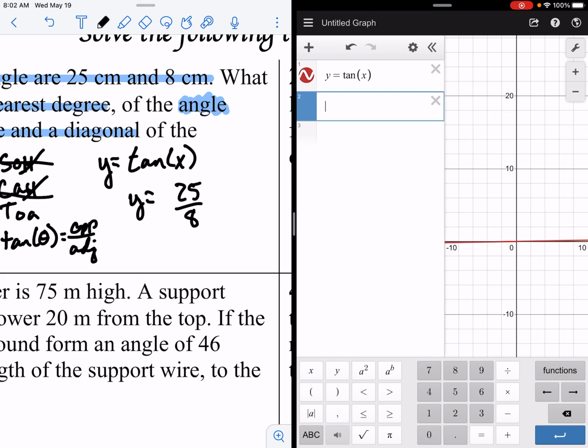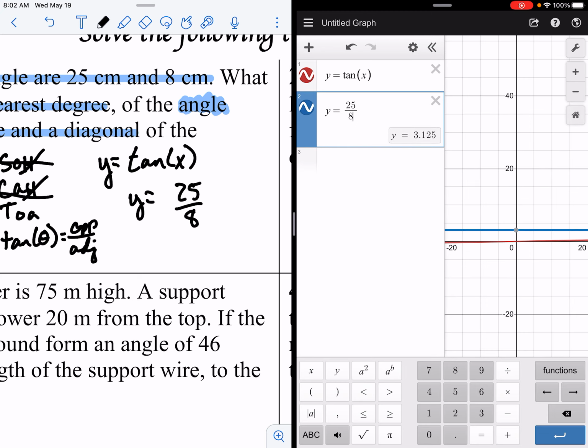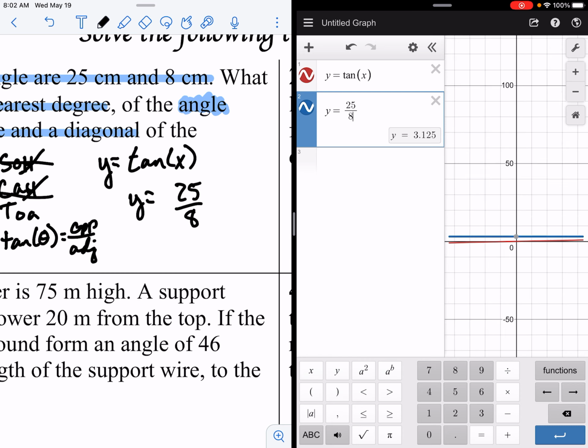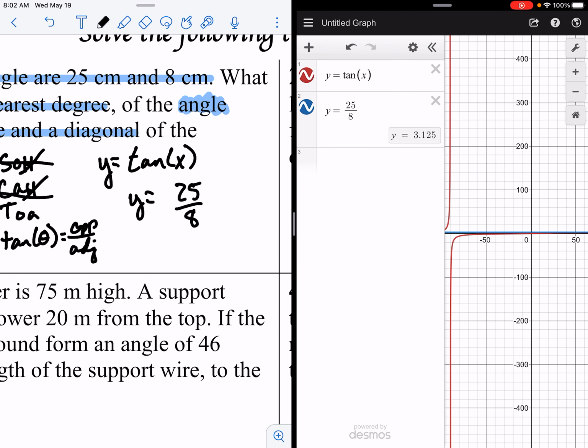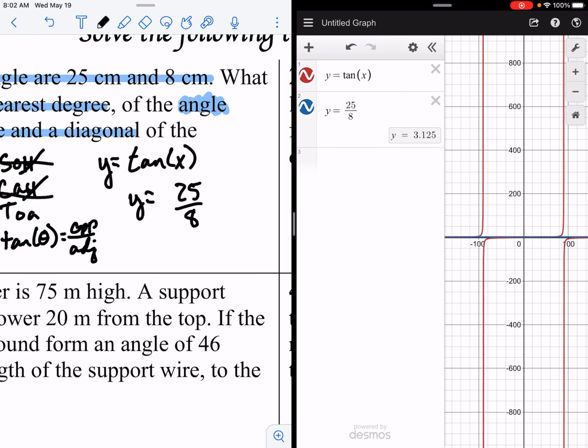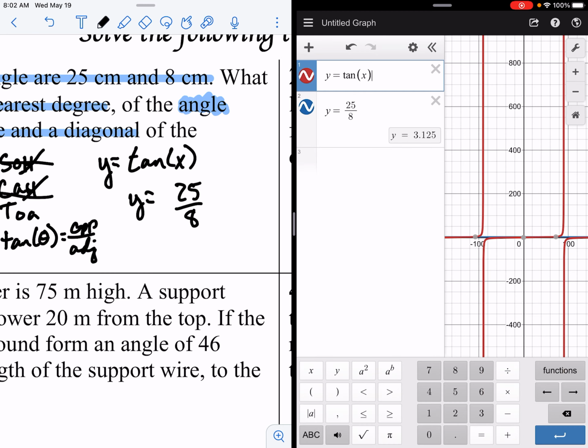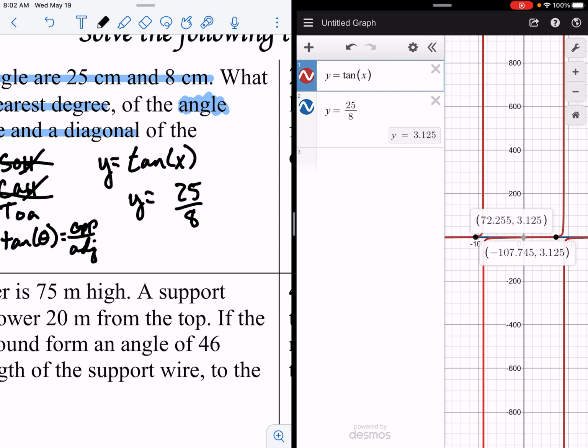Y equals 25 divided by 8. And again, when you're solving for angles, you're going to need to zoom out quite a few times. And so if I continue zooming out, click here, I can see 2 dots.